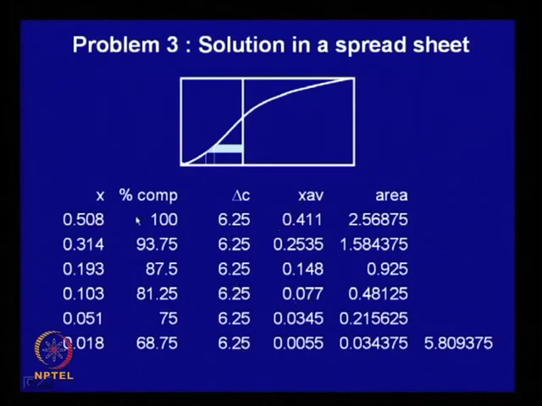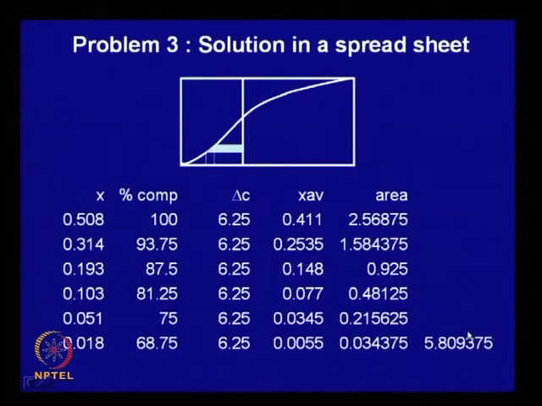Then you can find the average of this distance, which is listed here, and then you can find the area. Look here, you have found the area almost up to this point, and you can add that area. This is the area of the small element, say somewhere here, and the next one will be the next element. So, this is how you can set up your spreadsheet, and you can sum all this and you get this area.